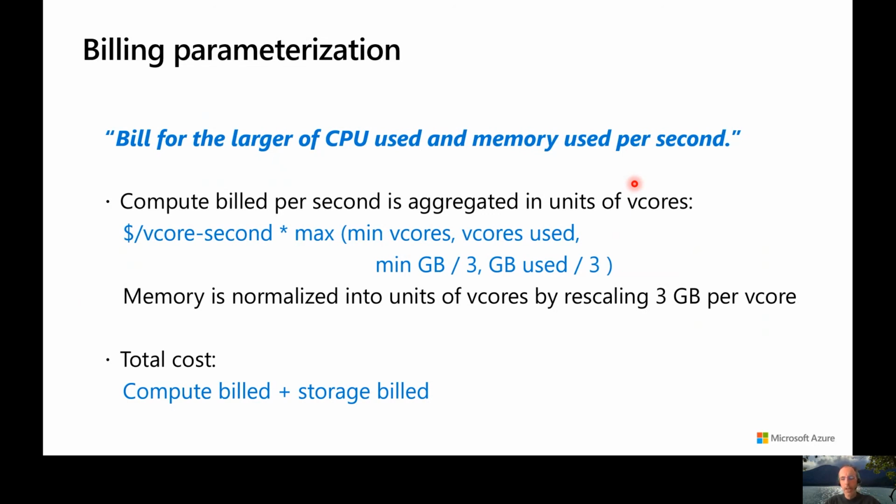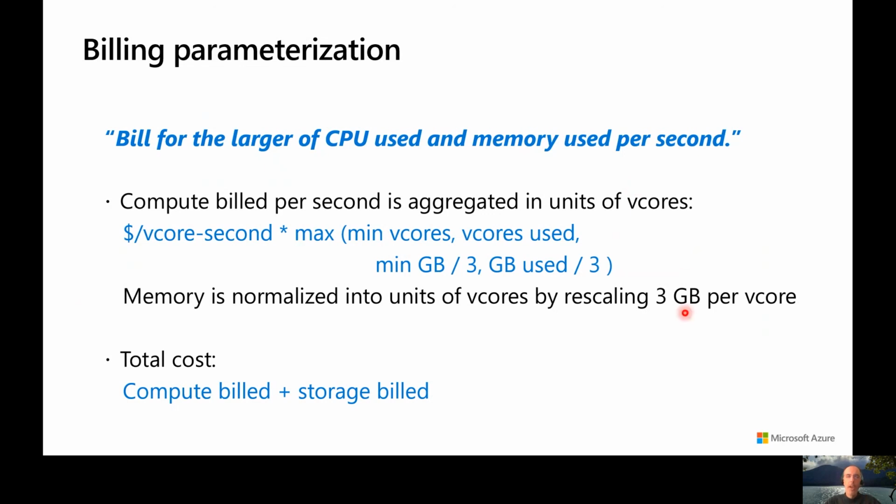Now, of course, the question is, how do you compare the usage of memory to CPU? They're different resources with different units. So we essentially just numerically rescale or convert memory consumption in terms of gigabytes into memory consumption as represented by cores, based on this rescaling ratio of 3 gigabytes per core.